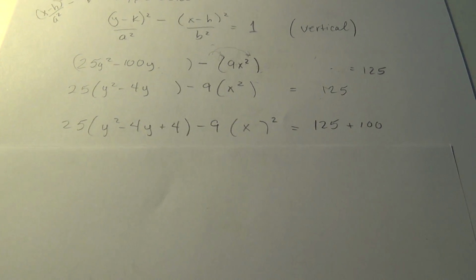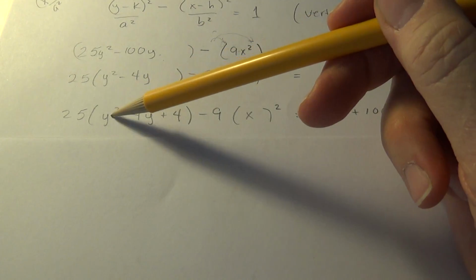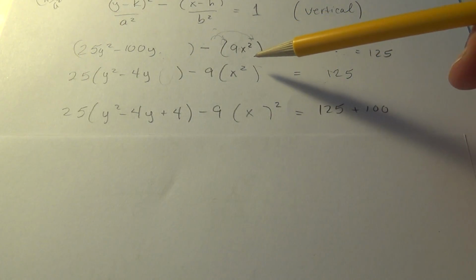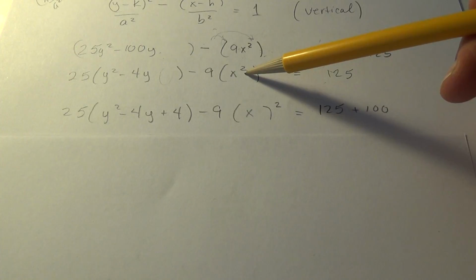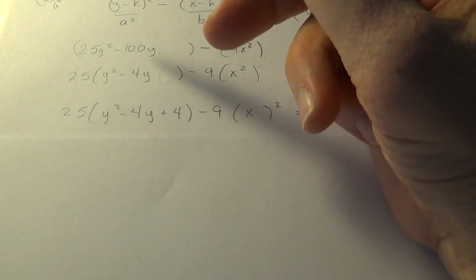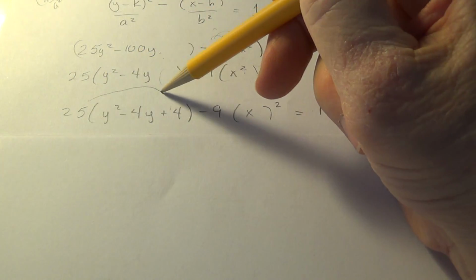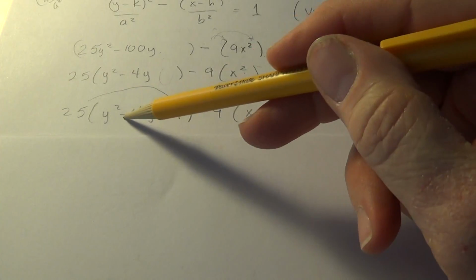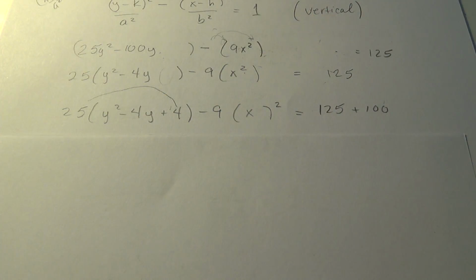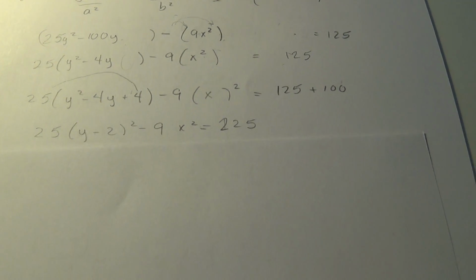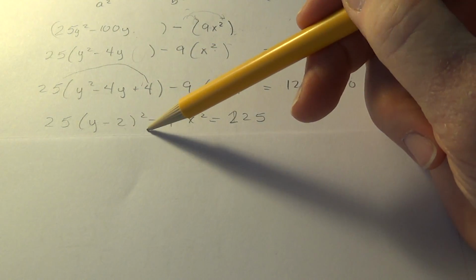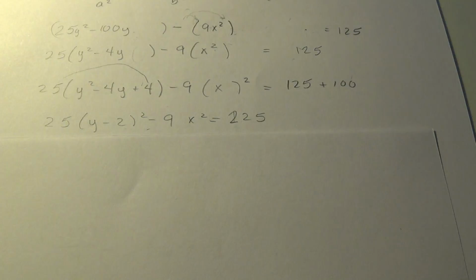Then I added a number here, and it's going to be a 4. And this one I did not have to do anything with. I realized that the 4 is really a 100, so I added 100 on the other side. Now I figure out the perfect square that I made. By adding the 4, it's y minus 2 quantity squared.